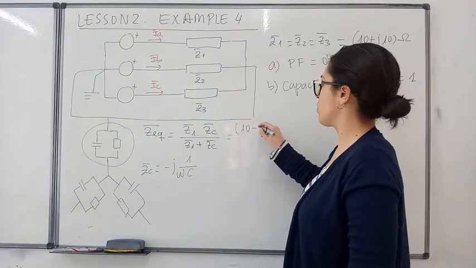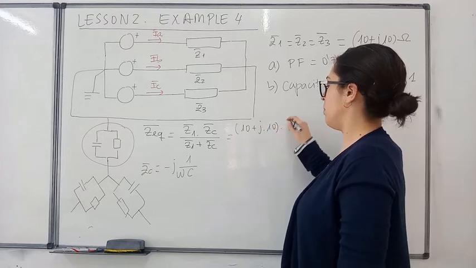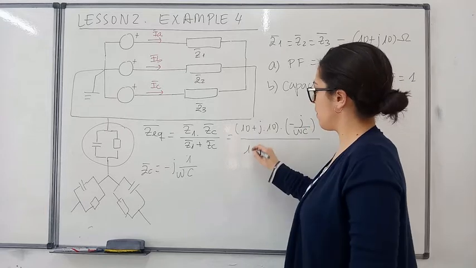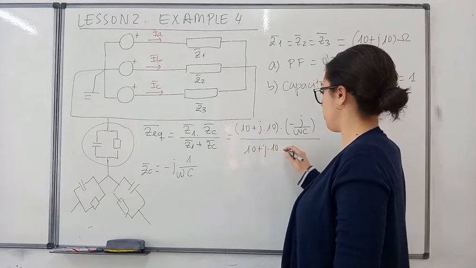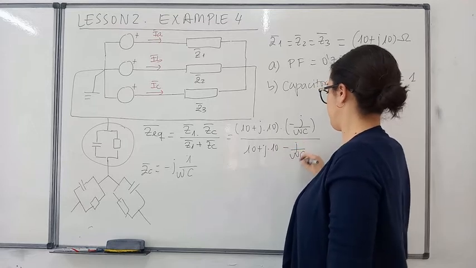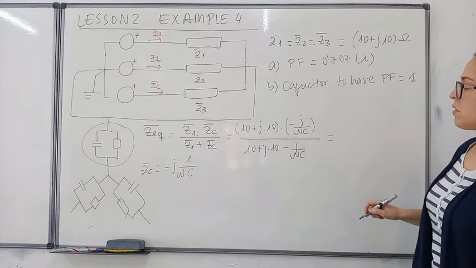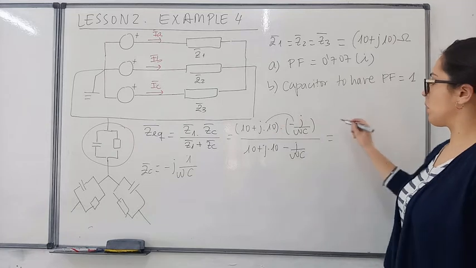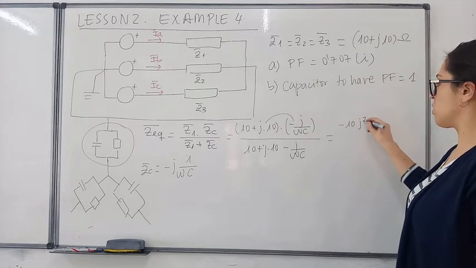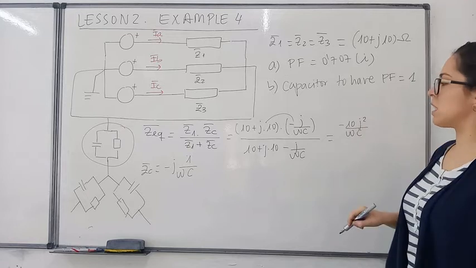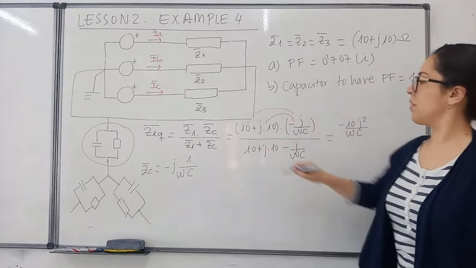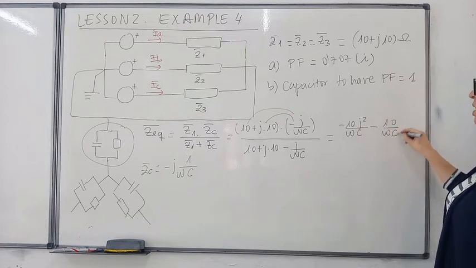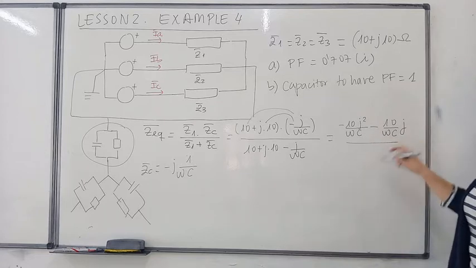Impedance of load 1 multiplied by the impedance of the capacitor and divided by the sum. If you do this calculation, you are going to obtain, in the numerator, the real part: minus 10 j squared divided by the angular velocity and the capacitance. And in this term, you are going to obtain minus 10 divided by angular velocity and capacitance multiplied by j.